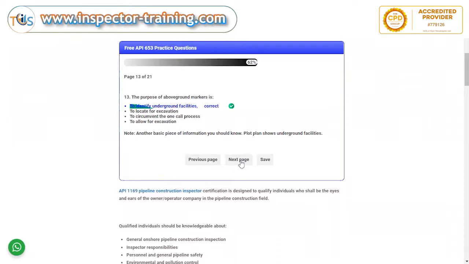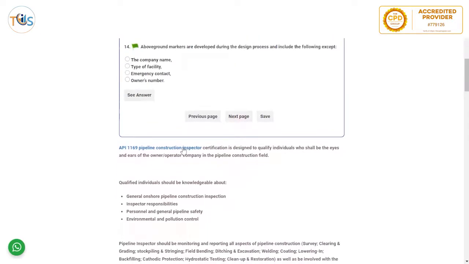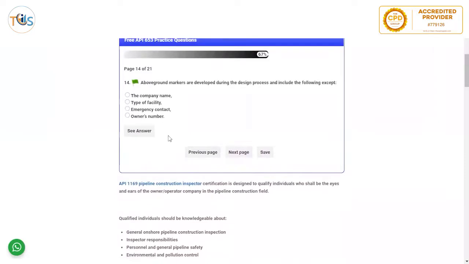To locate for excavation, no. To circumvent the one call process, no. To allow for excavation, that doesn't mean if you mark it you are allowed to excavate. That's definitely wrong. So you just see the existing facilities, so people who are excavating know where the existing facilities are, just for more transparency and awareness.